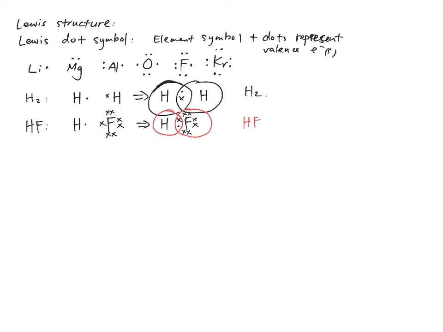Now, what about this guy? Okay, so let's see. Oxygen. One oxygen has, we already did that, 6 valence electrons, so 6 dots.